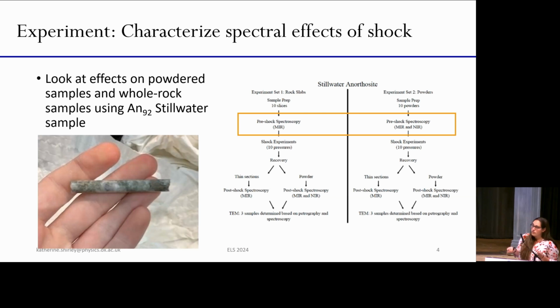It's got an An number of 92, so it's getting better towards an actual anorthite material that we'd see on the moon. And our overall idea is then to take this material and examine it both as slabs and as powders. We're going to try to do a full characterization of this material spectroscopically and optically prior to any of these shock experiments. So that's where we've gone to so far.